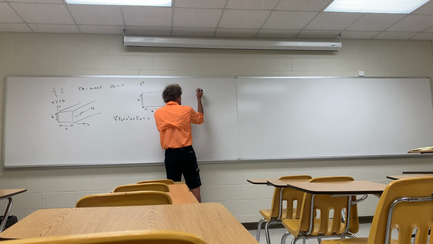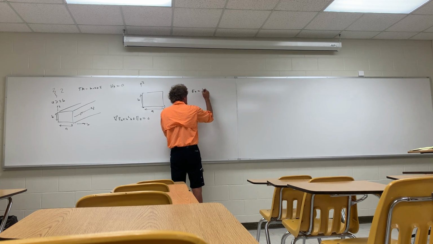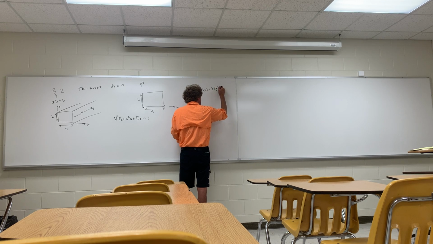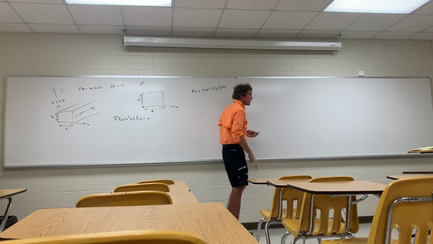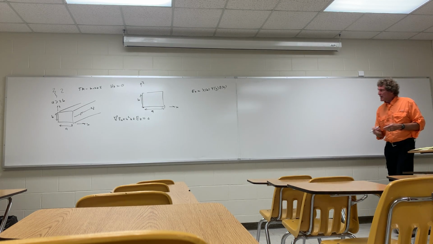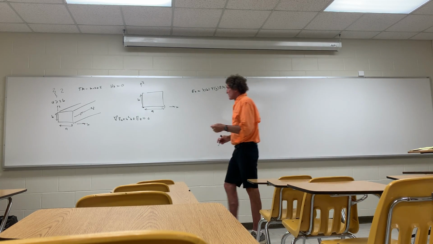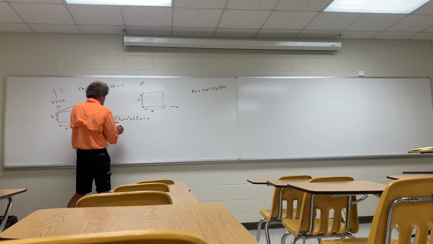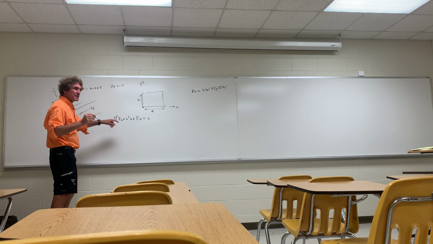With separation of variables, we can assume that EZ is just a function of X times just a function of Y times just a function of Z. And you've had this in your differential equations course. So if we have that, the next step is we're going to take the del squared operator and turn it into single derivatives.